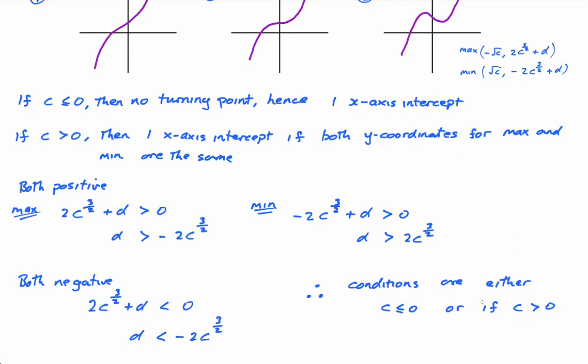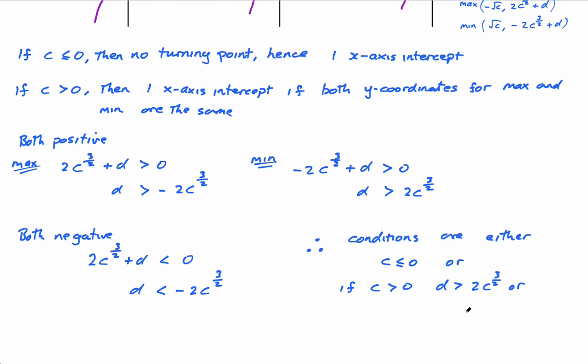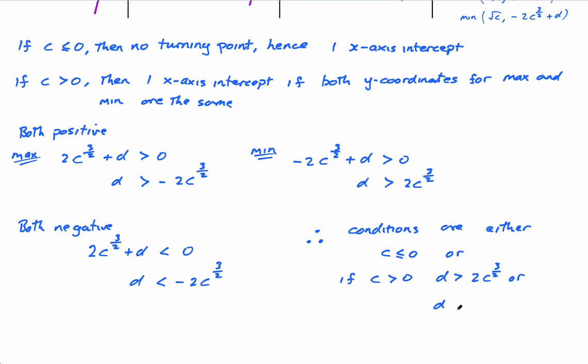C is less than or equal to 0, or if c is greater than 0, d is greater than 2c to the 3 over 2, or d is less than negative 2c to the 3 over 2.